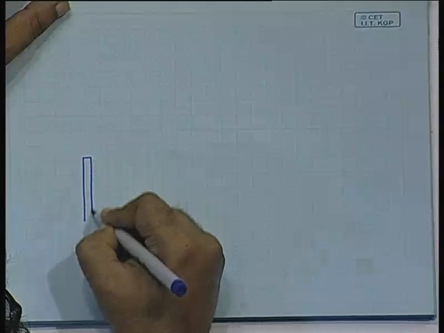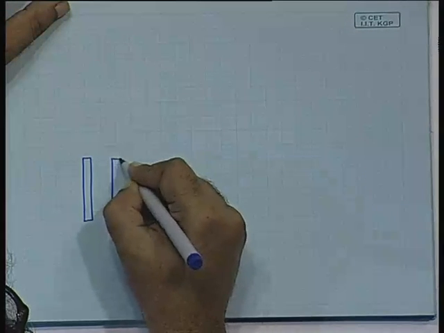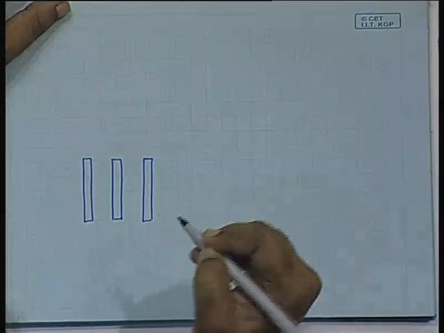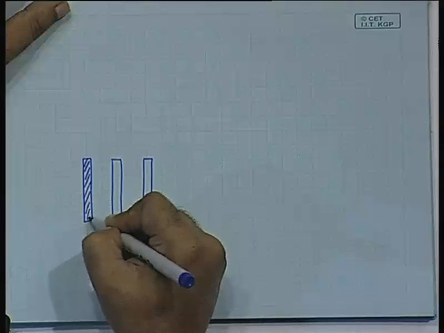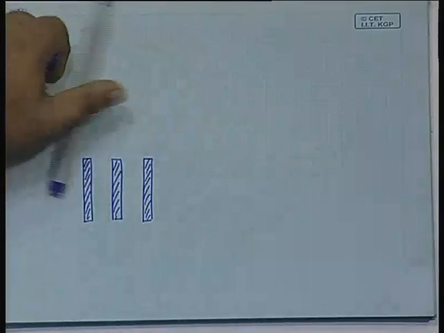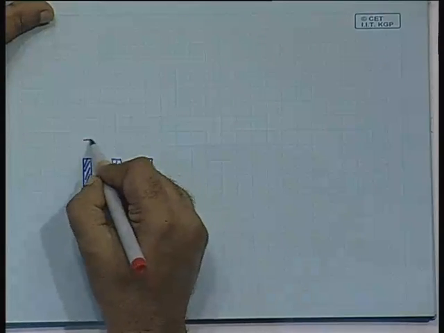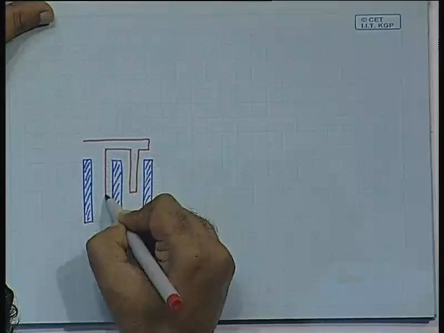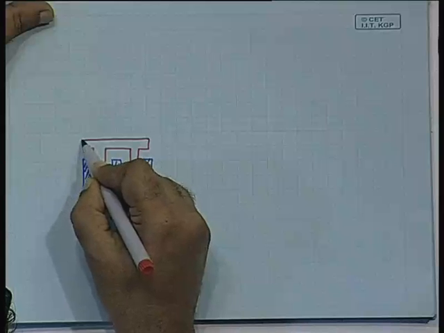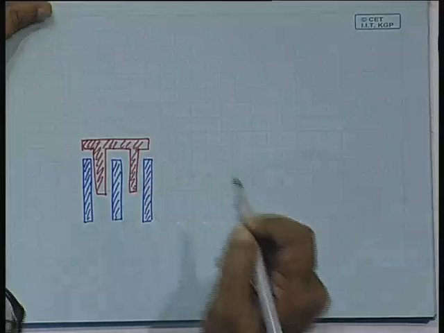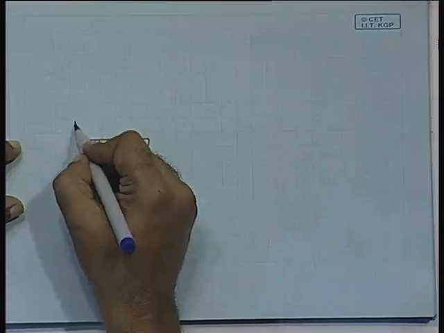You have the control rods, so these are the control rods, these are the fuel rods, and these are the control rods, and you have got a chamber.